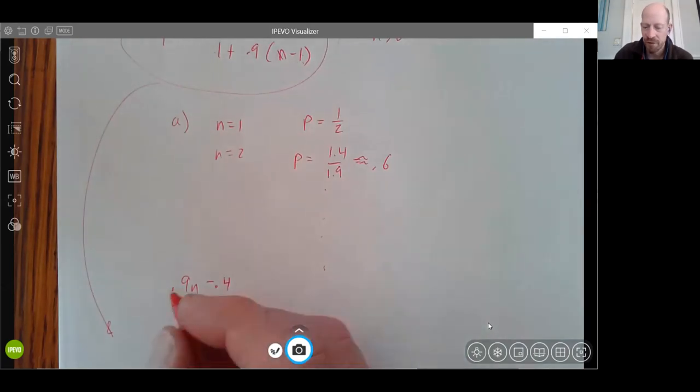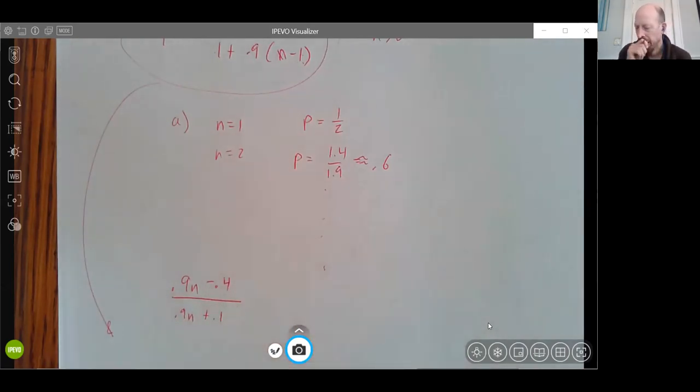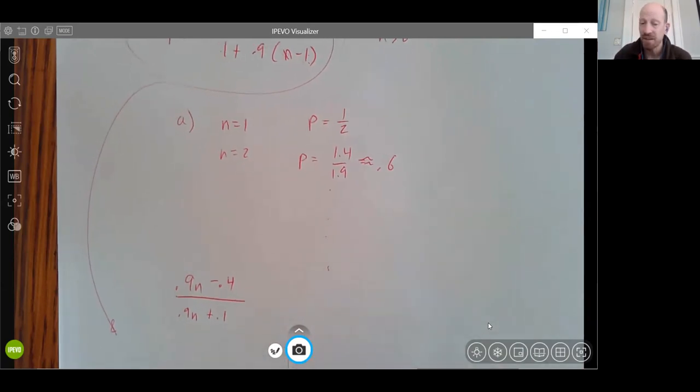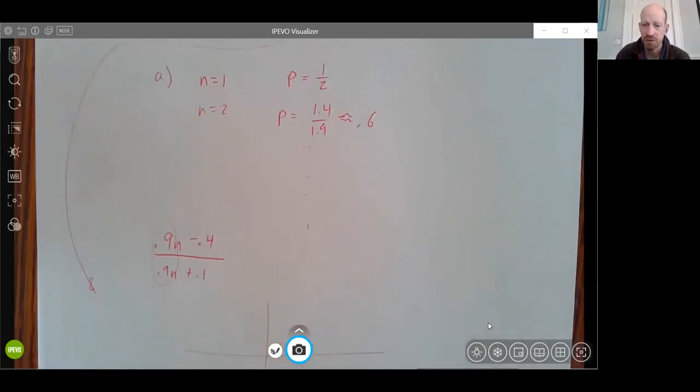So now we can very clearly see what's happening as n gets larger and larger, as we get more and more trials. We can see this function has a horizontal asymptote of 1 because those leading coefficients are the same.